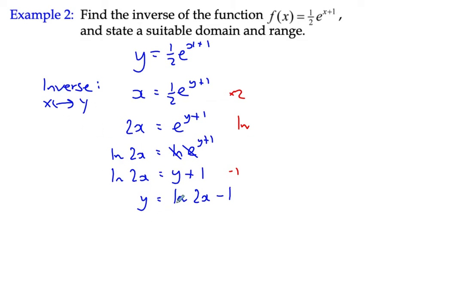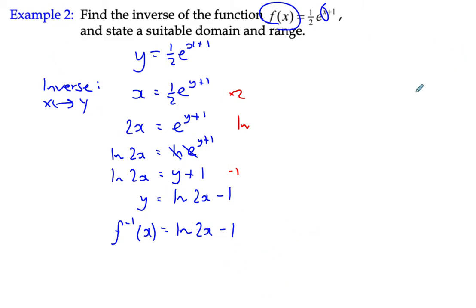And because I introduced the y to help me, we're looking for the inverse function of f of x, which will be denoted by f inverse of x, and is therefore the natural log of 2x minus 1. And that's my answer. I could check by substituting that back into the original function and seeing if it all cancels down to x, which it does.